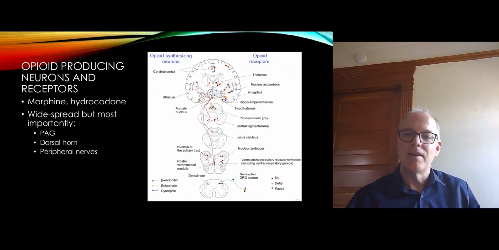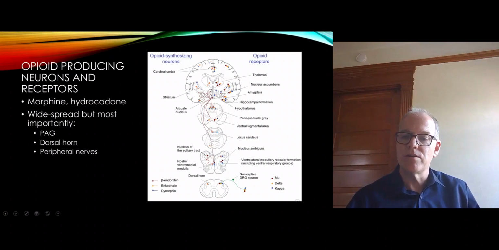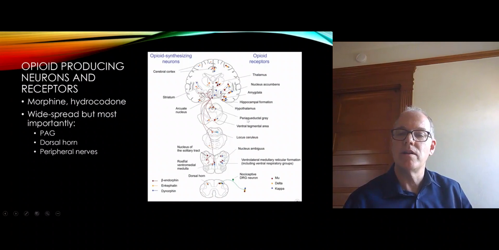Now, another very busy slide here showing you opioid-producing neurons on the left and receptors on the right. And obviously, I don't want you to memorize all of the endogenous endorphins here and the receptors. You can see it's rather diffuse, right? But there are some areas that are probably more important than others. So one here, of course, is the periaqueductal gray.